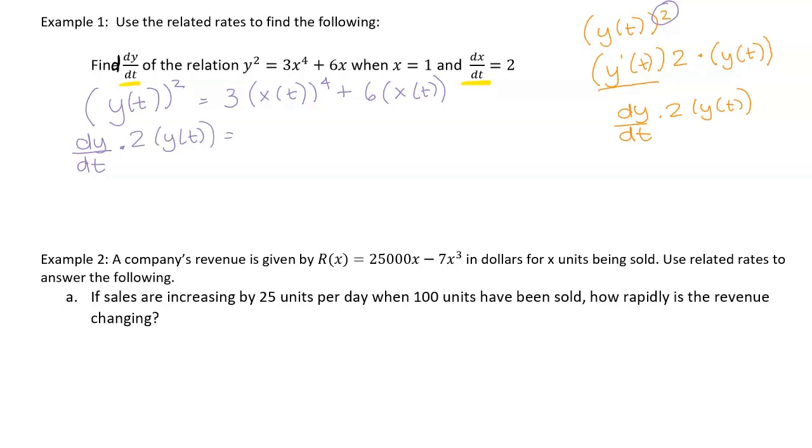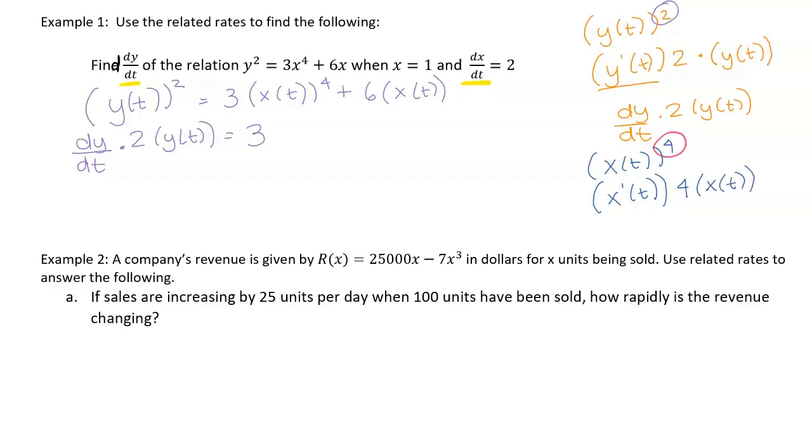All right, the right-hand side becomes, well, the 3 stays there, and then I have x of t all raised to the 4th power. I'm going to find the derivative of this using the chain rule. For the chain rule, we find the derivative of the inside, which is just x prime of t, times the derivative of the outside. Well, the 4 comes out in front, and I'm going to multiply it by x of t.